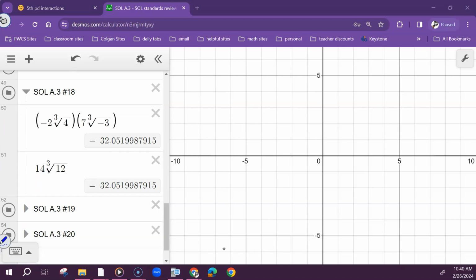Alright, look at the course calendar really quickly. Some important dates. You have Delta Math due this Friday and next Friday. You guys will be quizzing next Friday. Testing after that.